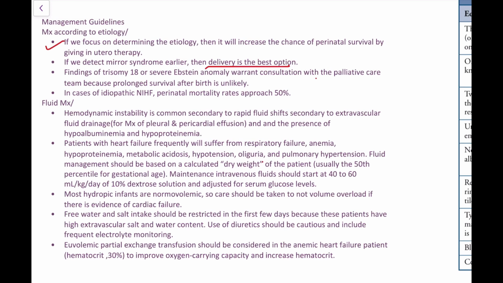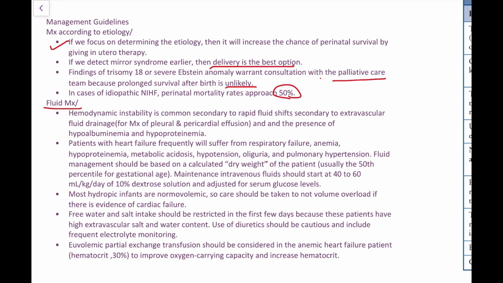If findings of trisomy 18 or severe Ebstein anomaly are present, then they warrant consultation with the palliative care team because prolonged survival after birth is unlikely. In cases of idiopathic NIHF, perinatal mortality rates approach 50%.